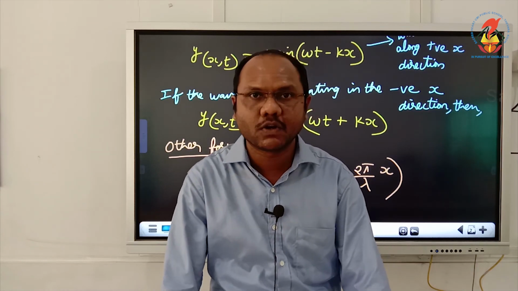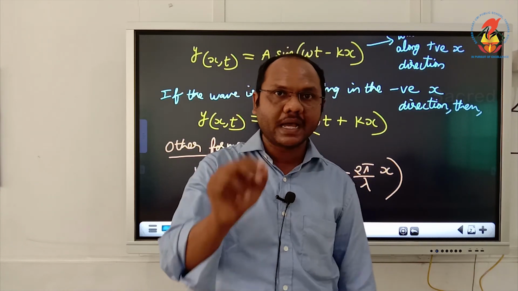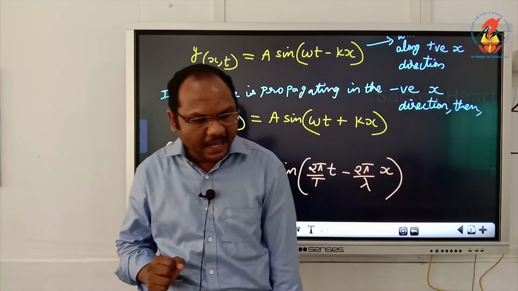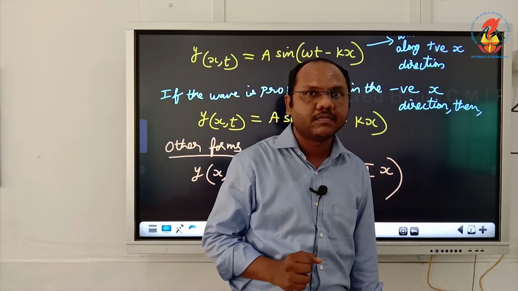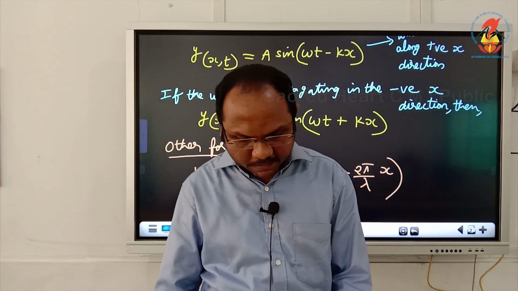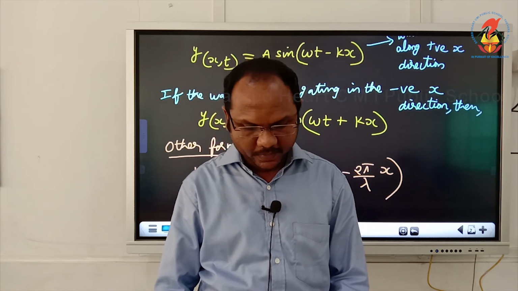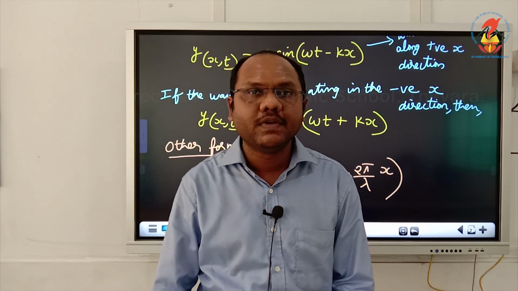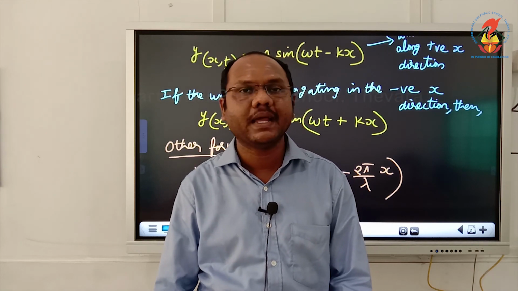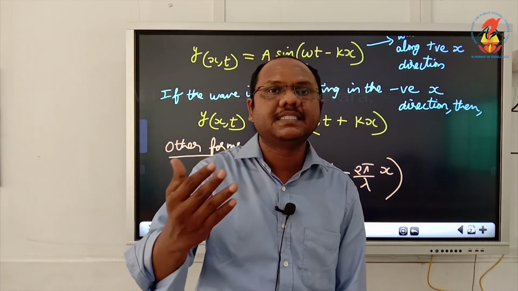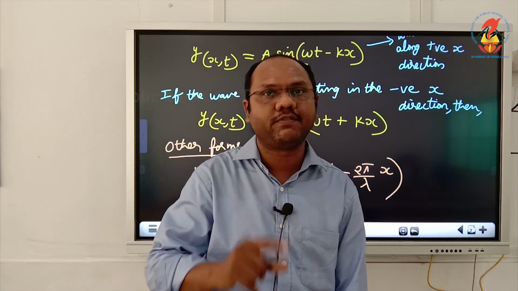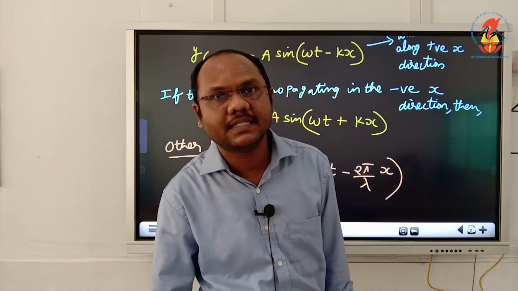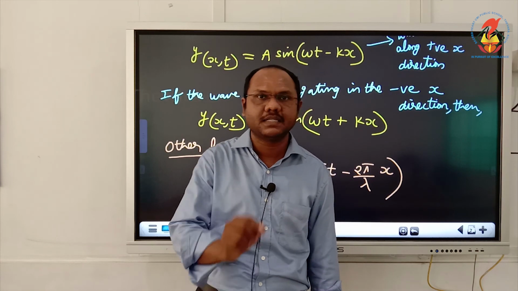Phase change will be 0 itself. So, you can write that when a travelling wave is reflected from a rigid boundary, it is reflected back with a phase change of 180 degree. The crest is reflected back as trough.